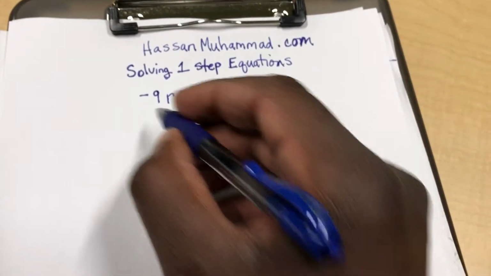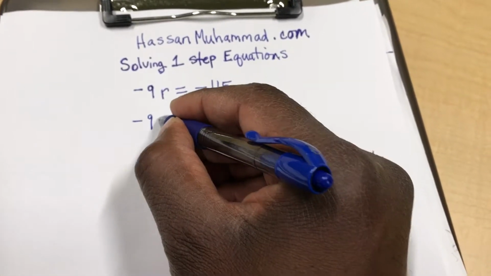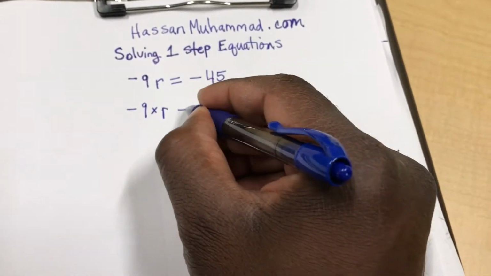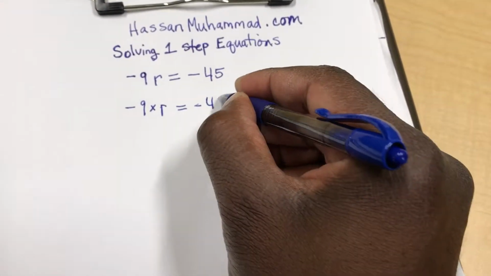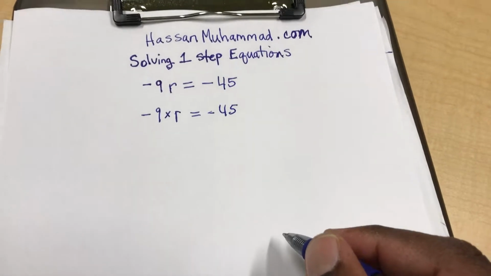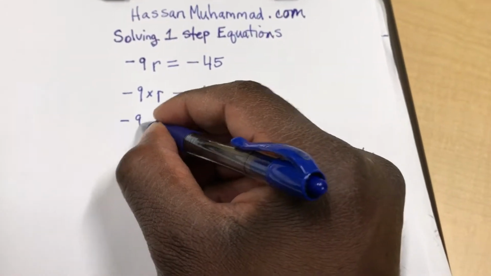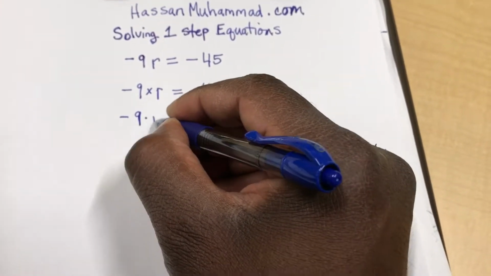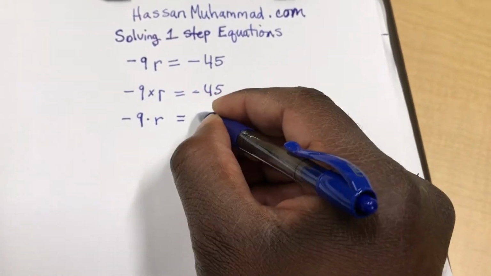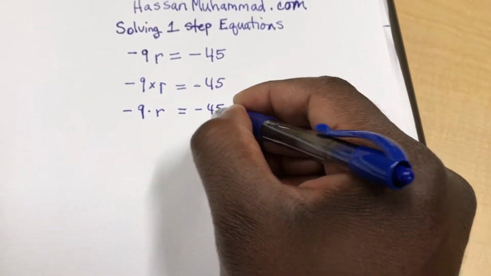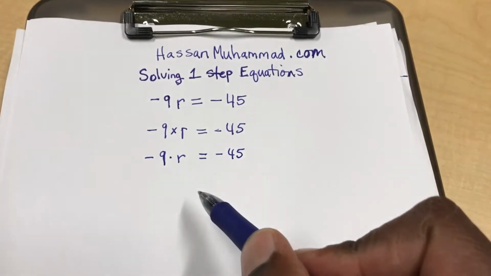So this can be written as negative 9 times r equals negative 45. It's saying the exact same thing. You may also see it as negative 9 dot r equals negative 45. All three of these things are saying the same exact thing.